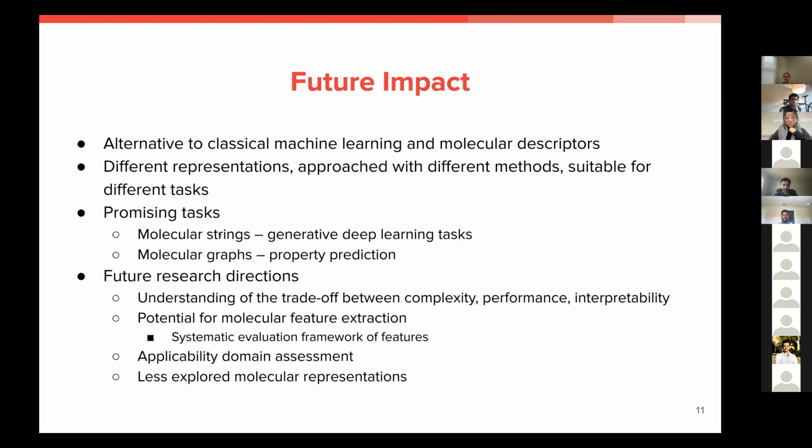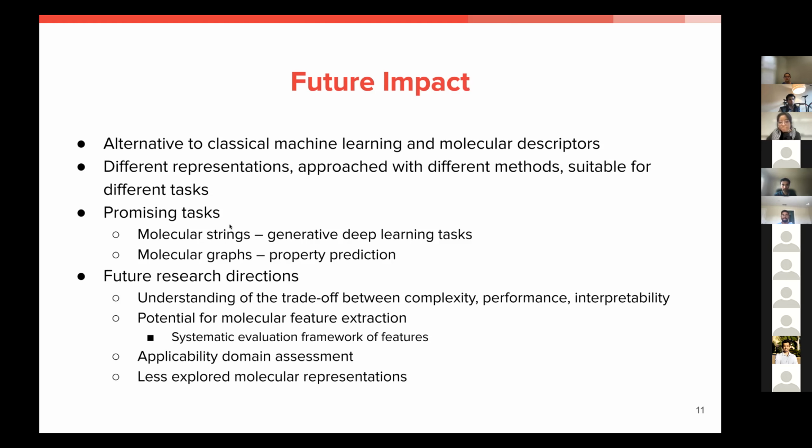Some of the patterns that we have noticed include molecular strings are great for generative deep learning tasks because we can take models that work well for natural language and other next token prediction or sequence to sequence tasks, and we can take these models and apply them directly on molecular strings, such as the SMILES strings.